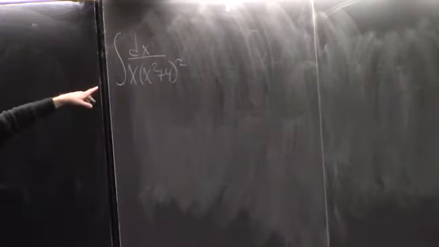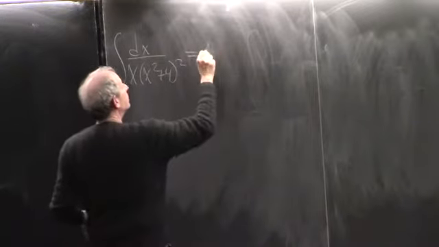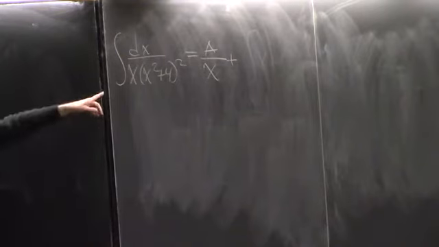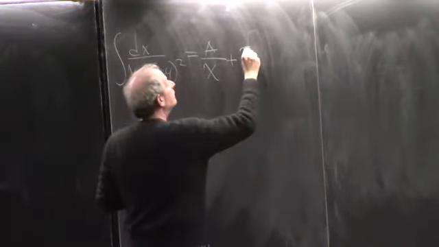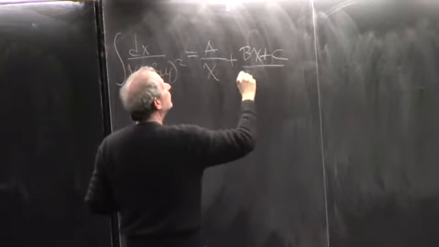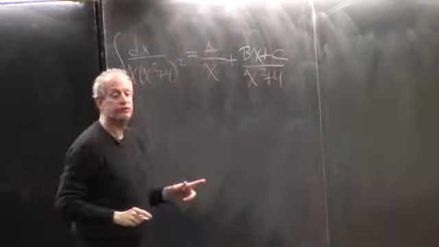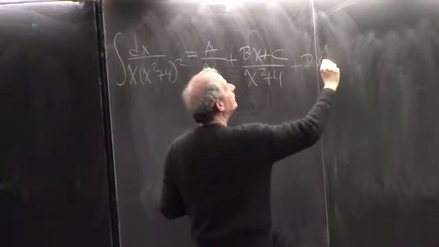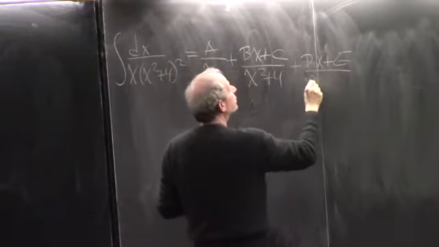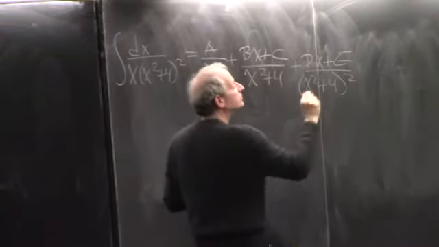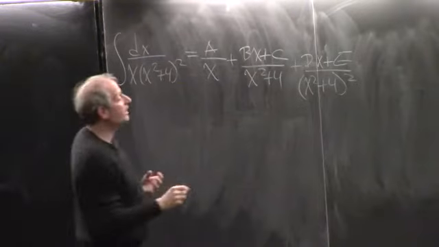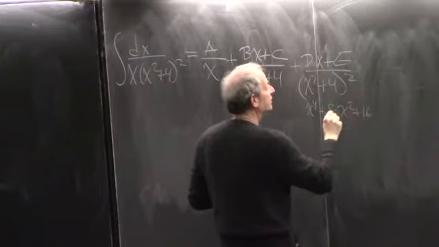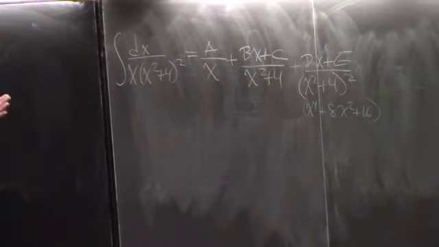So notice I have an A over X. Then I have a term of X squared plus 4, so that needs a Bx plus C. But wait, X squared plus 4 is squared, so I need a Dx plus E over X squared plus 4 squared. Which, by the way, is X to the 4th plus 8X squared plus 16, just for future reference.